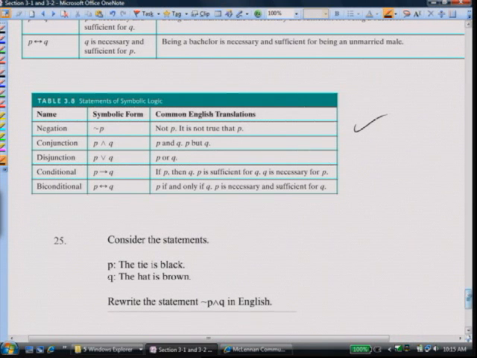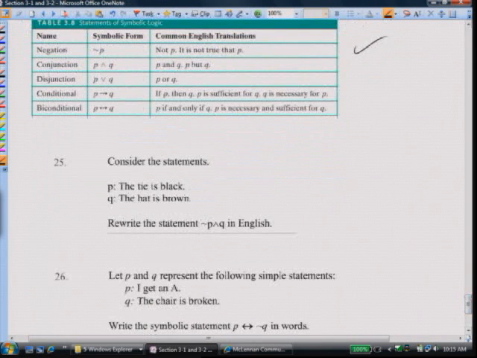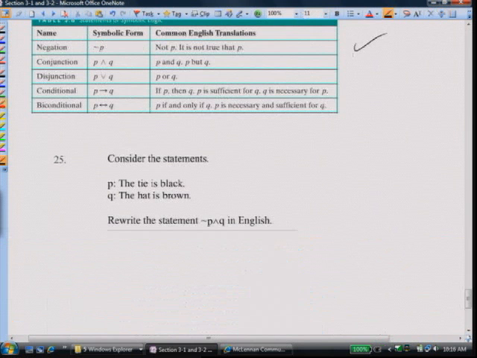Okay, so let's look at number 25 on your homework. It says, consider the statements: the tie is black, the hat is brown. Rewrite the statement. So what is this? This is not P and Q, right? So not P, if the tie is black, what's the negation of that? Just rocket science, yes.